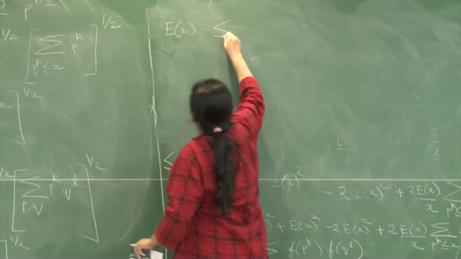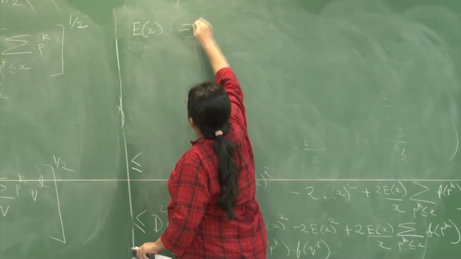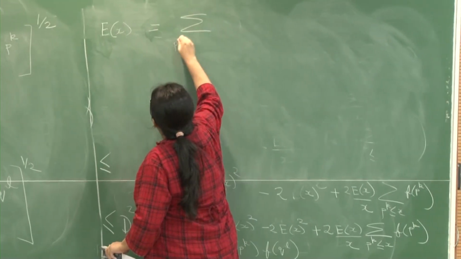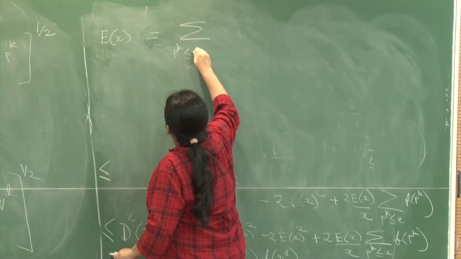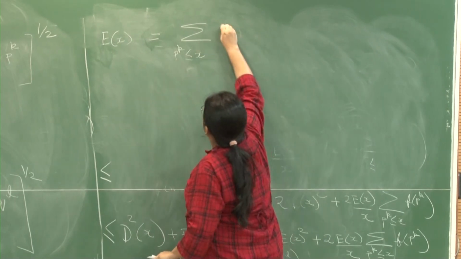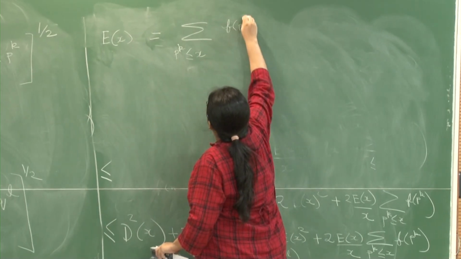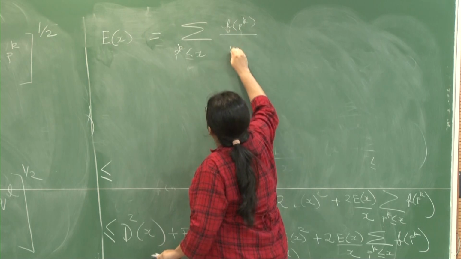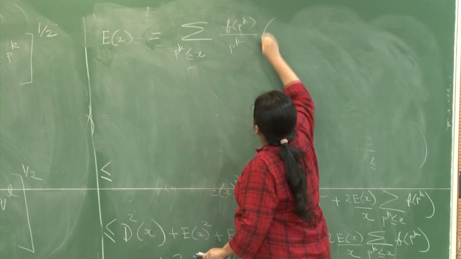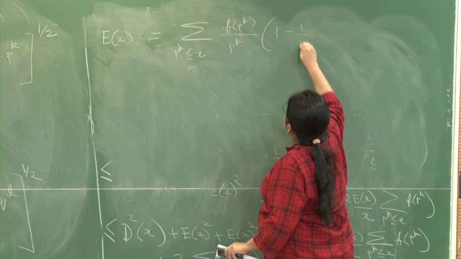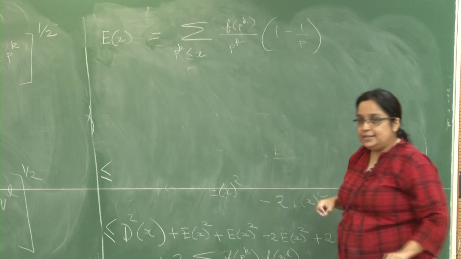E of x, by definition, is the sum over p raised to the k less than or equal to x of f of p raised to the k over p raised to the k times 1 minus 1 by p, right?